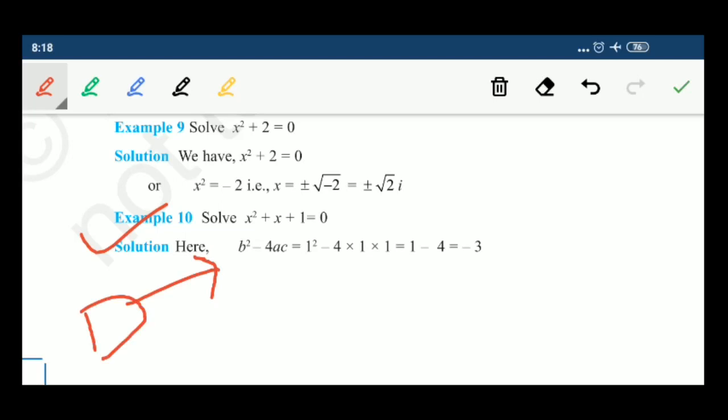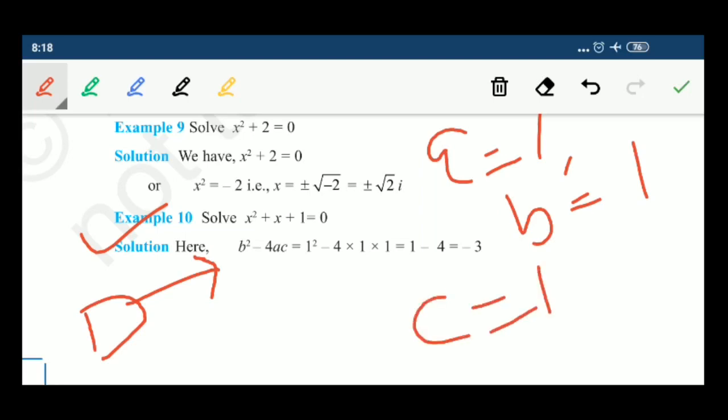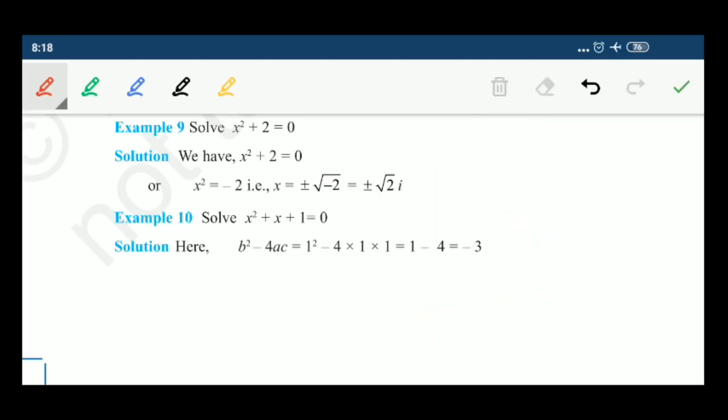Here the value of a is 1, b is 1, and c is also 1. So put the values of a, b, c here, and you will get b square minus 4ac equal to minus 3.